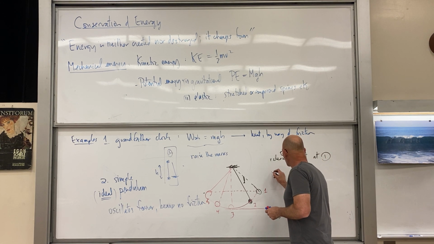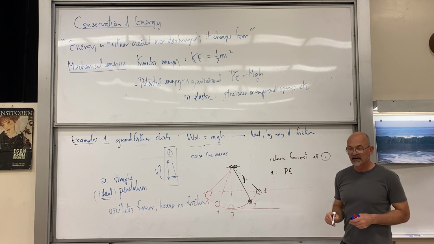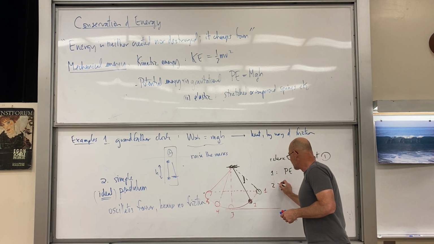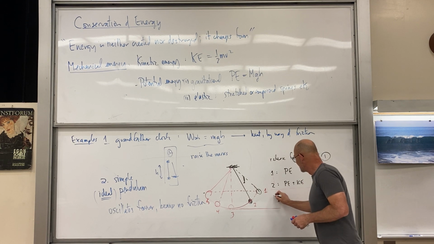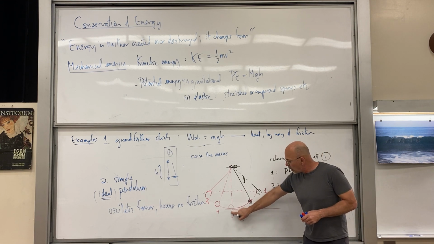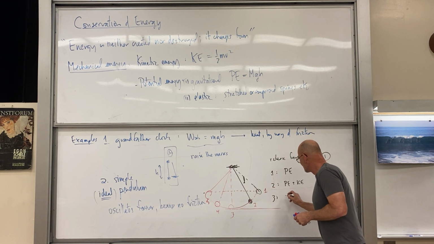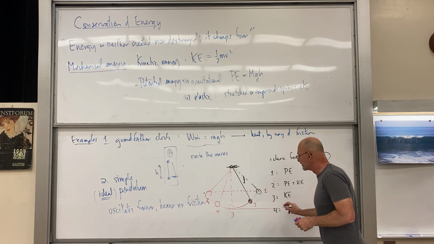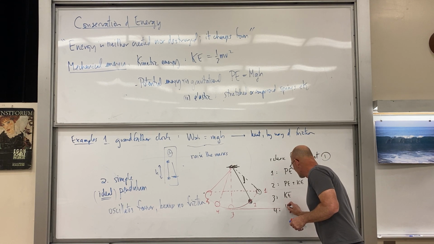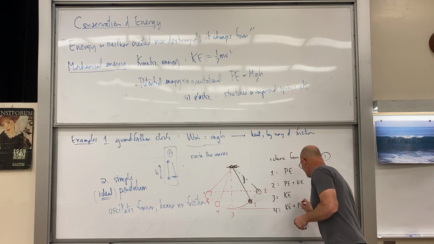So what do we have here? At 1, it's all potential energy. At 2, it's picking up some speed. We can say potential energy plus kinetic energy. At 3, it's all kinetic energy. At point 4, it's some kinetic energy plus potential energy.